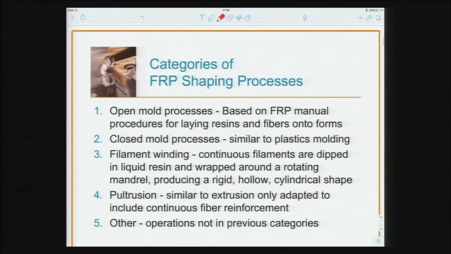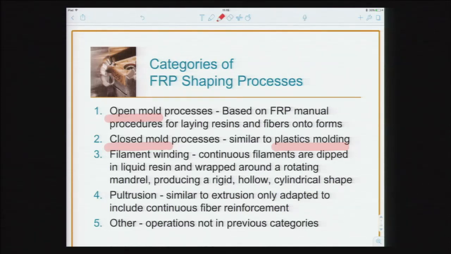This slide 4 explains categories of FRP shaping processes. There are 5 categories of FRP shaping processes. First, open mold processes. You can tell from the term open mold. So in the first category, we use an open mold in the process. The second category is closed mold. The closed mold processes are similar to plastic molding, such as compression molding, transfer molding, and injection molding.